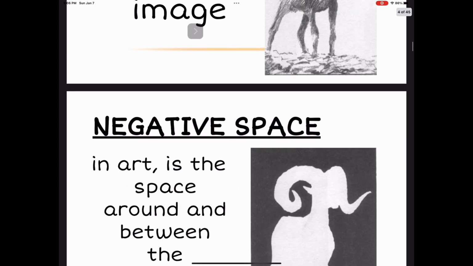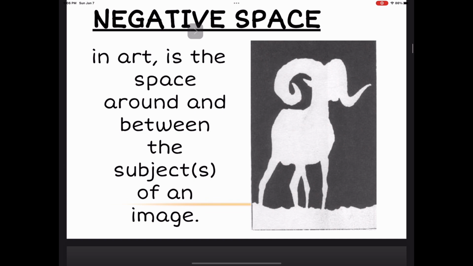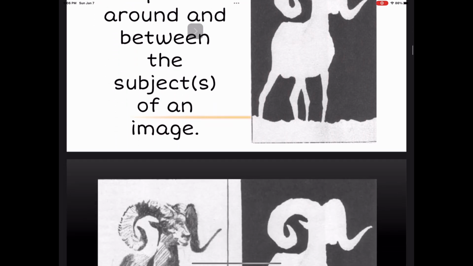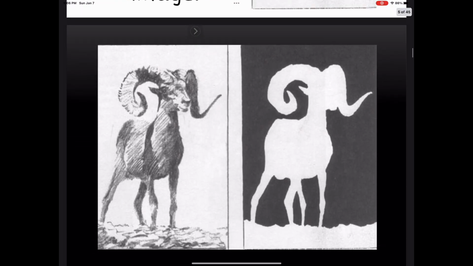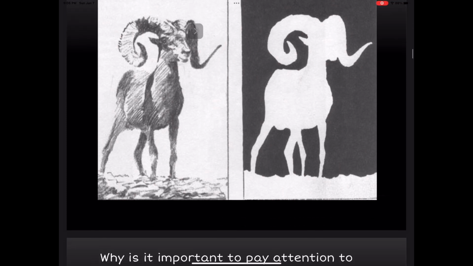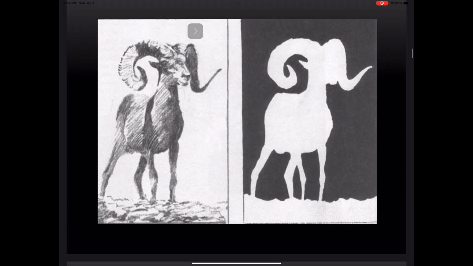If you look just at the negative space that's left, you'll see different shapes. And what I want you to think about is, if you drew the negative space and not the ram, your ram would just appear because you have drawn around it.